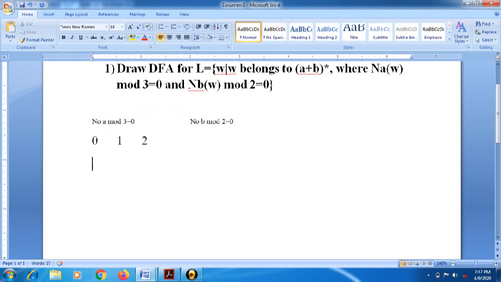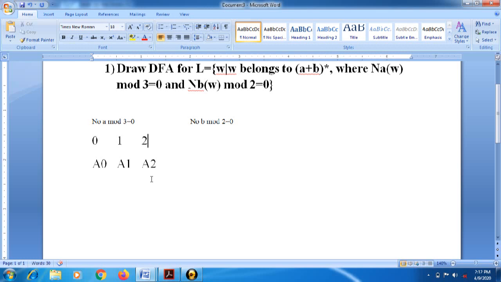Whenever the value of A mod 3 is 0, we will consider it as state A0. Whenever the value is 1, we consider state A1. And whenever A mod 3 value is 2, we consider the next state, that is A2.